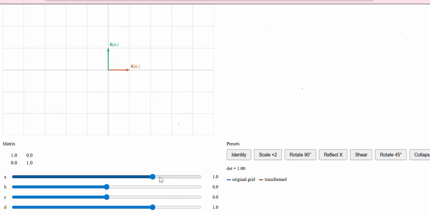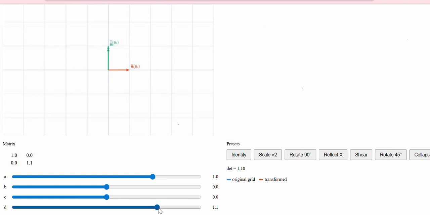If I am increasing the value for the i term over here, you can see the x distance is being expanded. With a negative value, it is going to be flipped. When we are talking about the j value, you can see that the y distance is getting expanded.